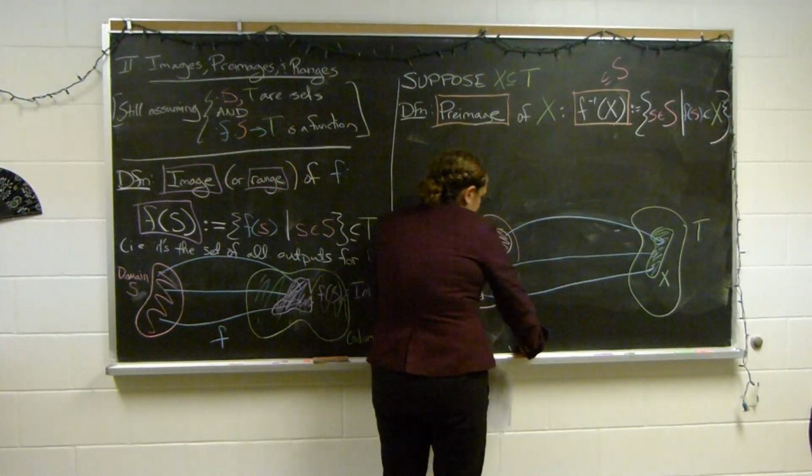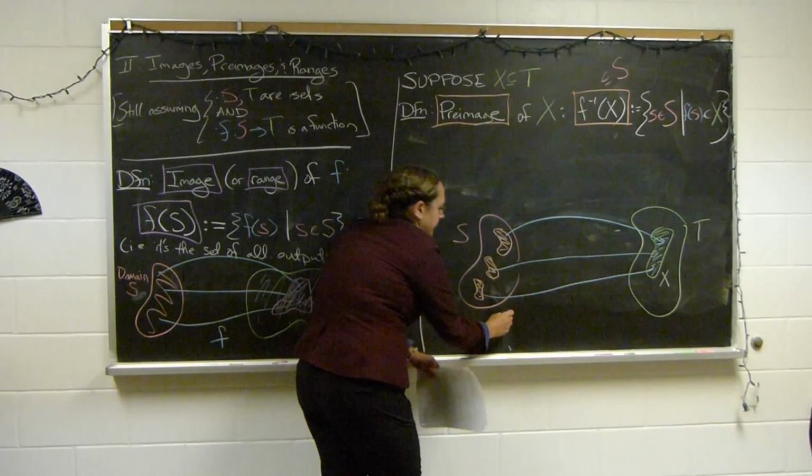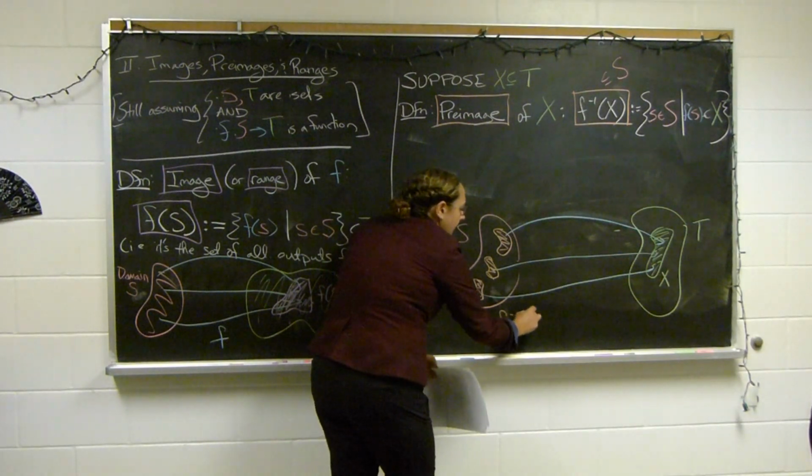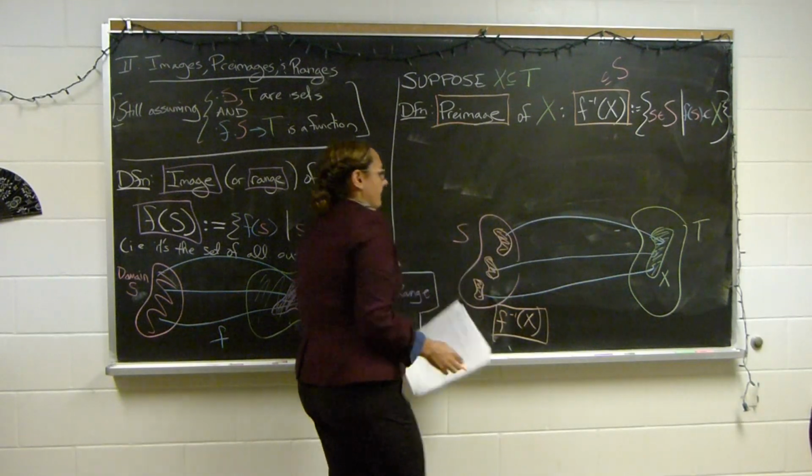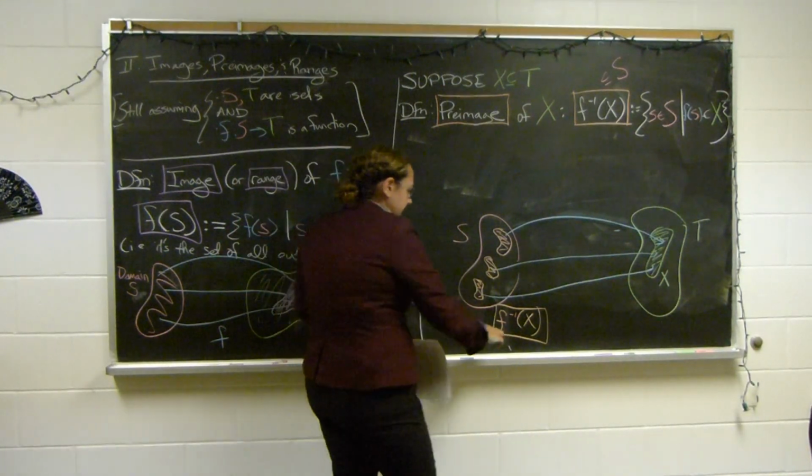And our name for this orange piece here is F inverse of X, or the pre-image of X. So it's everything that's going to hit that.